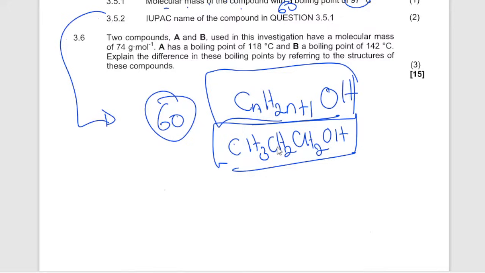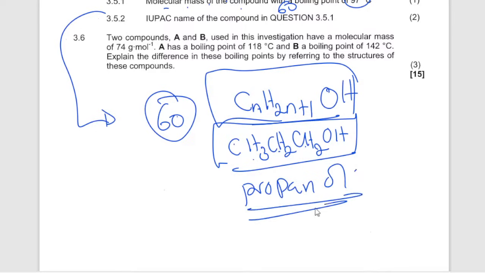They say IUPAC name, so it's going to be 1, 2, 3, so it's propanol. That's what they want. Propanol. Maybe they will give a mark for that, and also a mark for the main chain. So guys, that's how you're supposed to answer that question.